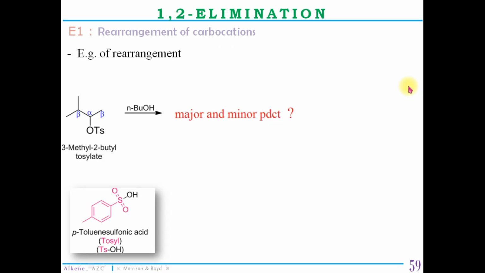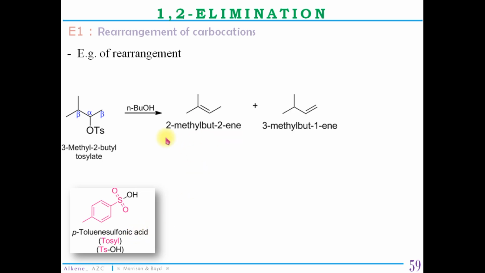Let us see examples of rearrangement. The first example is where 3-methyl-2-butyl tosylate is reacted with butanol. Here TS indicates tosyl, meaning para-toluenesulfonic acid. Now what will be the major and minor products? 2-methyl-2-butene and 3-methyl-1-butene.